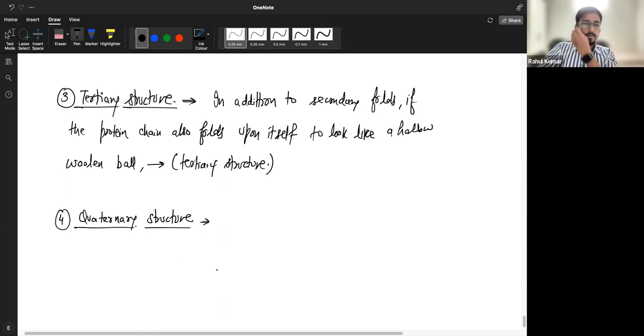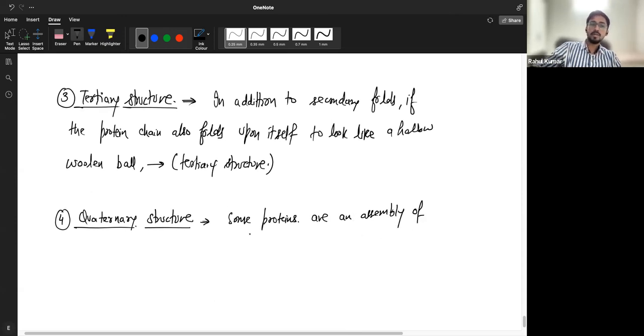Write down: some proteins are an assembly of more than one polypeptide chain.